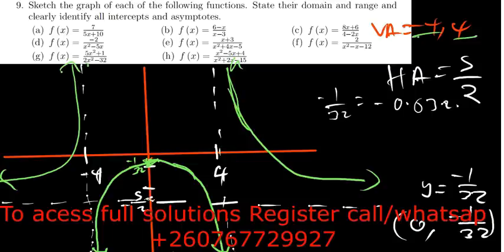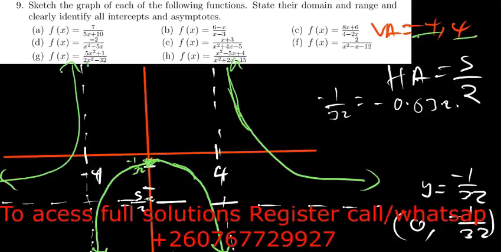Now, in this case, our horizontal asymptote was what?